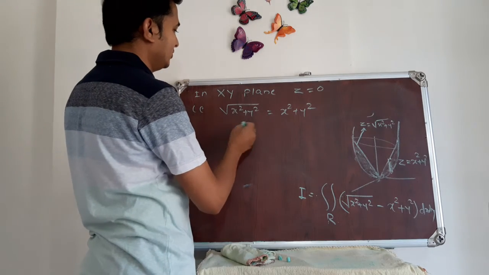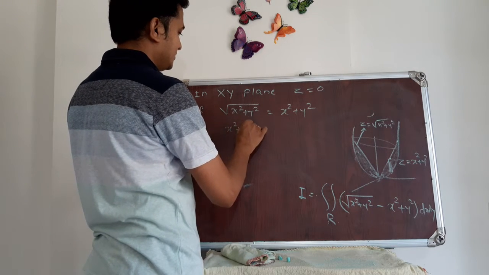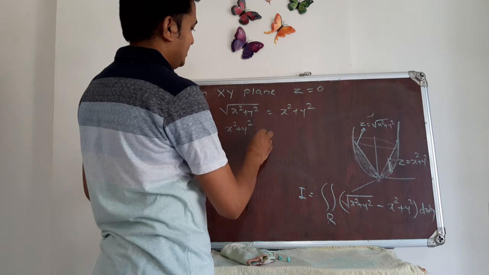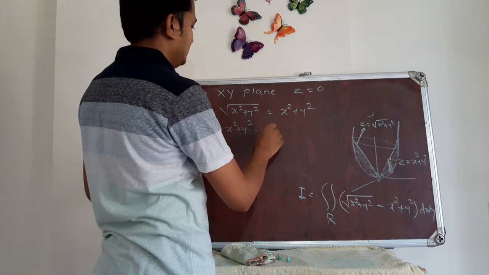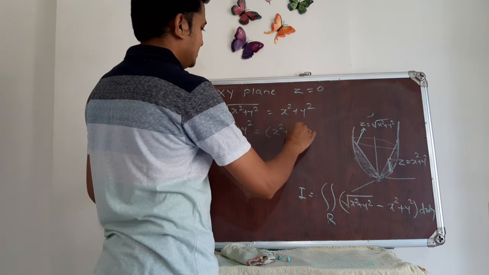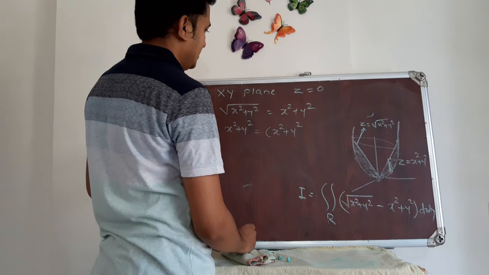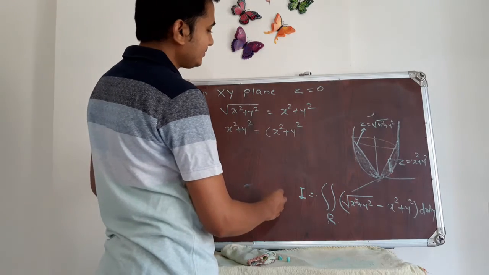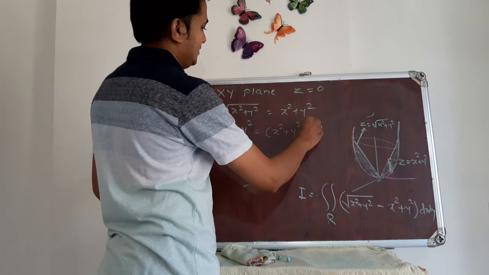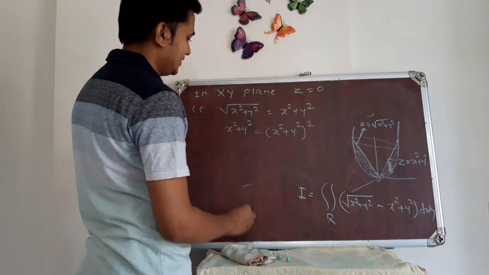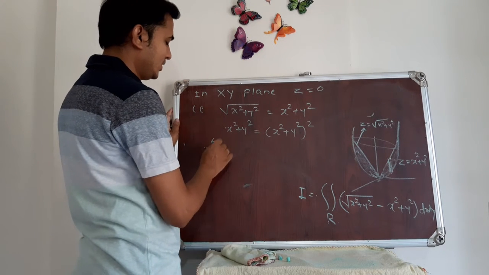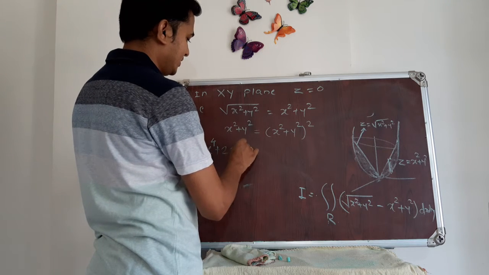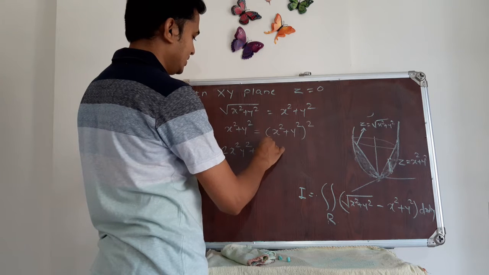If you square on both sides, what will you get? x square plus y square equal to the square of x square plus y square, so x raised to 4 plus 2x square y square plus y raised to 4.